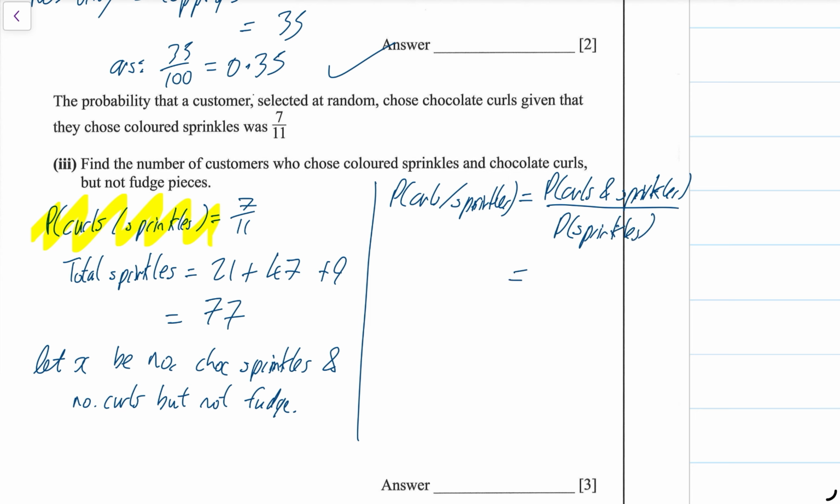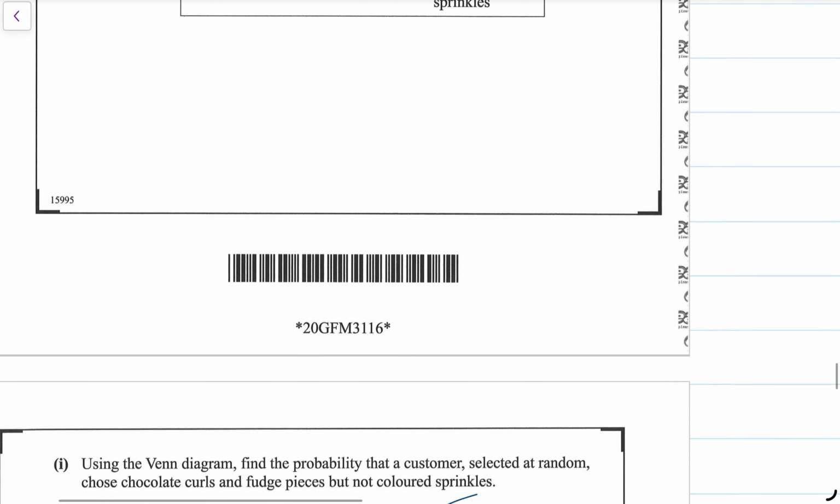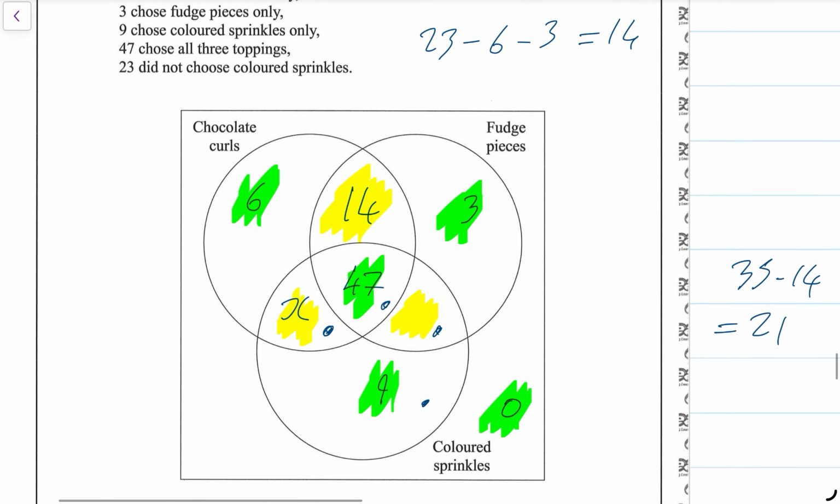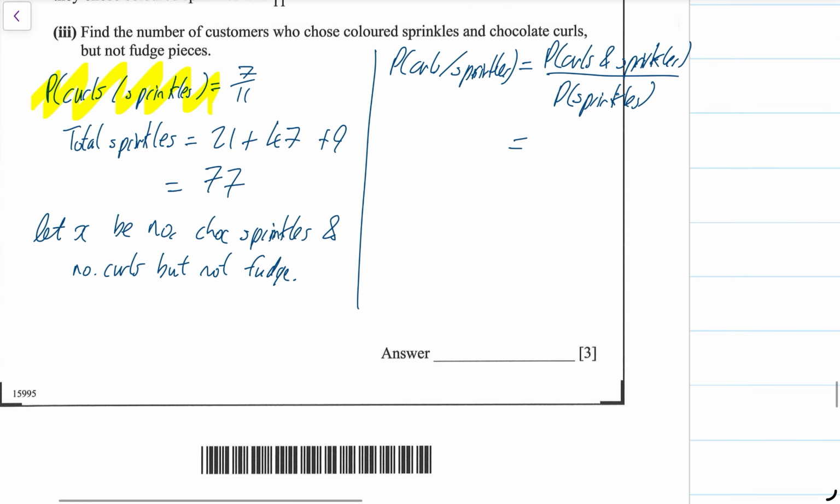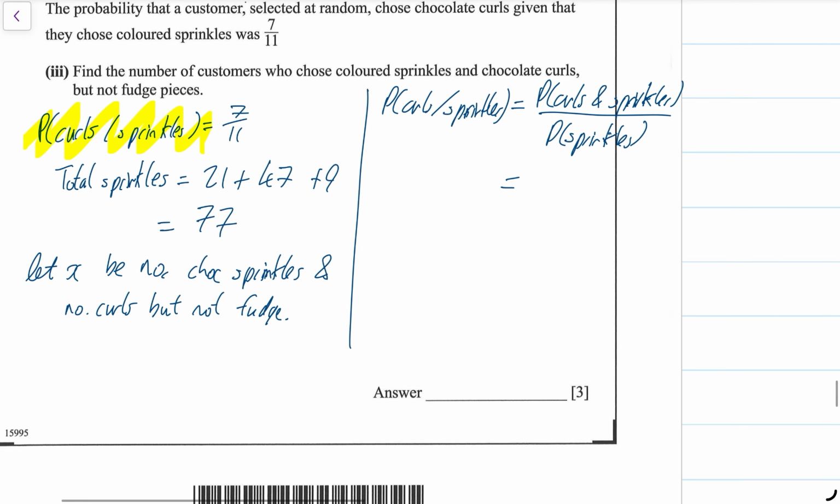Okay, and because we're all out of 100, we could just do it this way. So curls and sprinkles is going to be X plus 47. And then the sprinkles, there were 77.